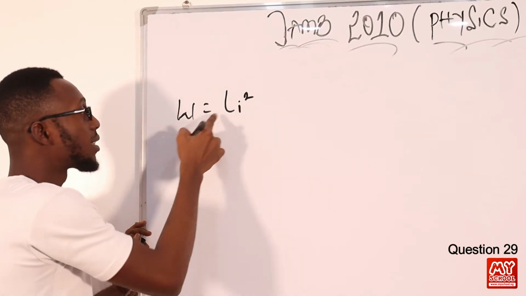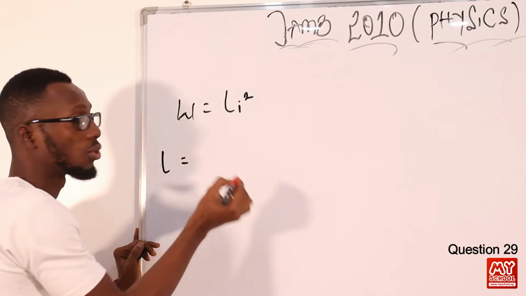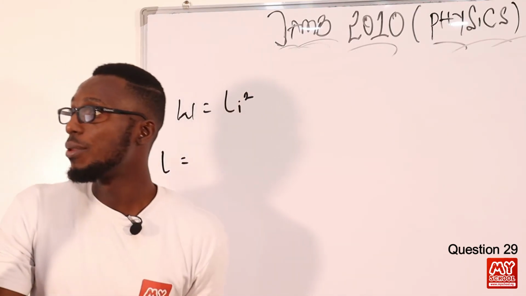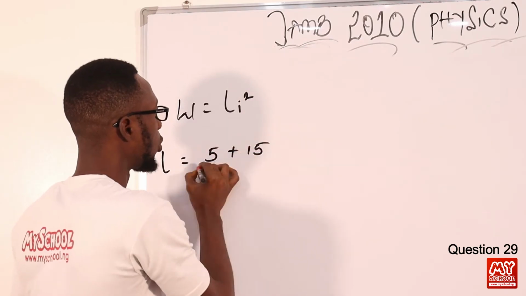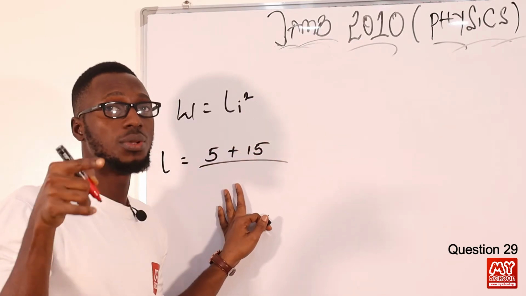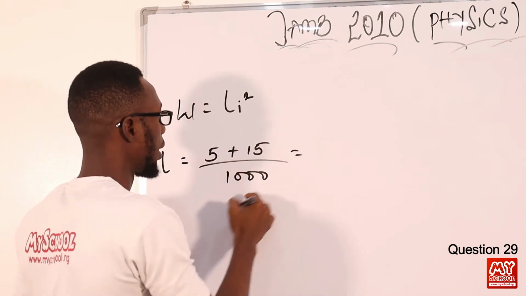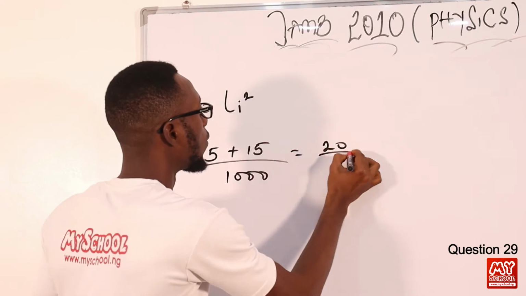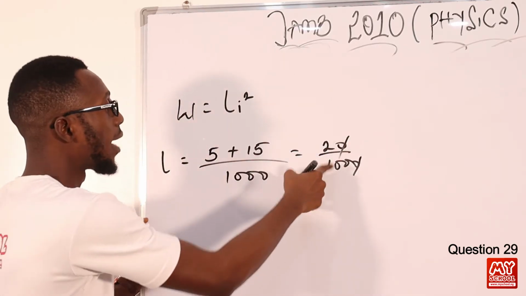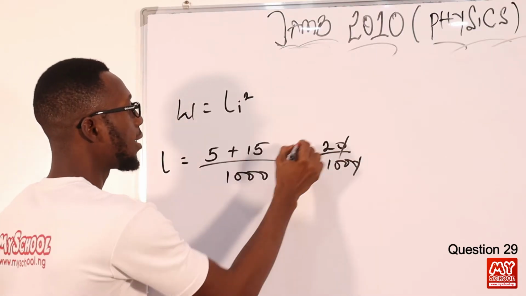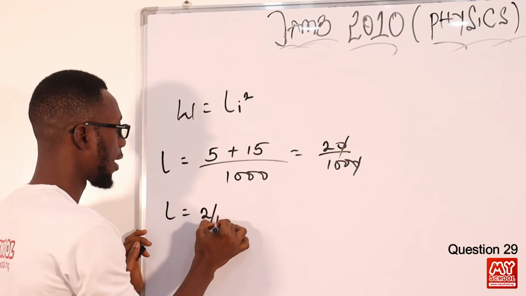Remember that our inductors are connected in series, so we just add up. That will be 5 plus 15, but we are going to have them over 1,000 because we're talking about milli. So that is 20 over 1,000, so 0 cancels 0 and I basically have 2 over 100. So my L is 2 over 100.